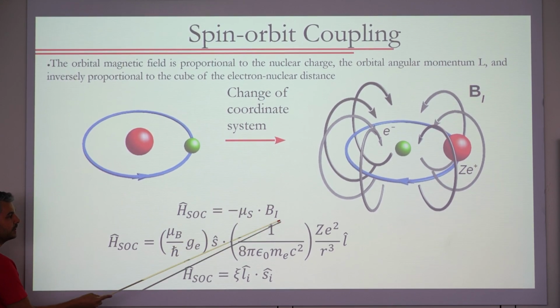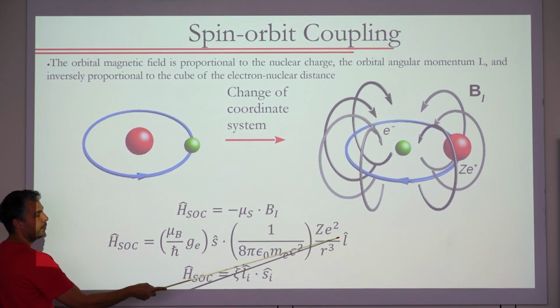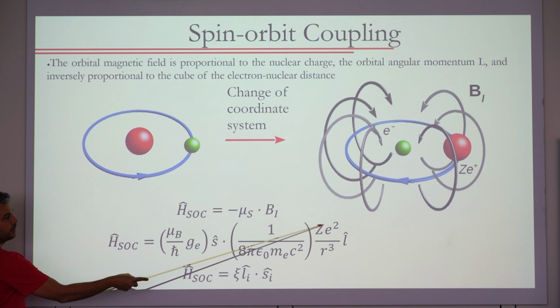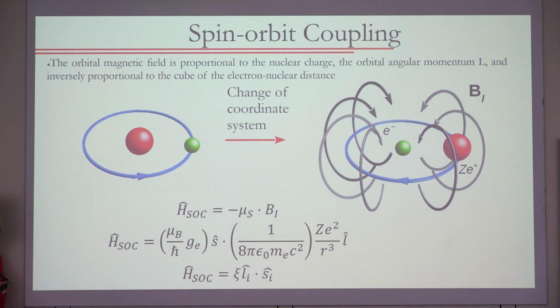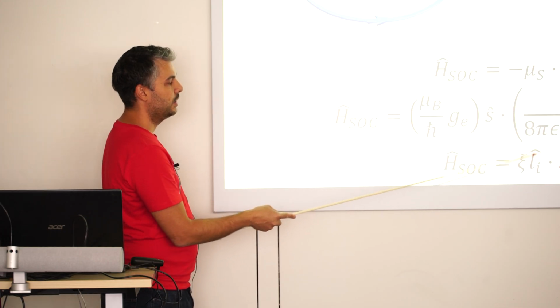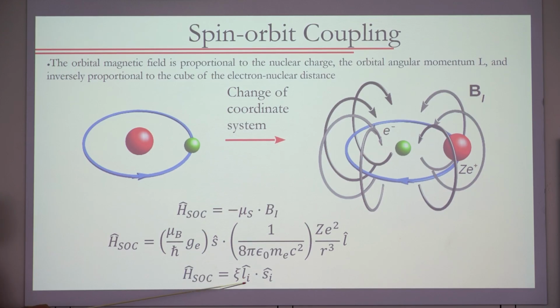This effective magnetic field depends on the orbital angular momentum of the electron, the charge of the nucleus, the inverse cube of the distance, and so on, but you put all this into a parameter called, I don't remember the name of that Greek letter. Xi. So the spin orbit coupling Hamiltonian is Xi times the scalar product of the orbital and spin angular momentum of the electron.